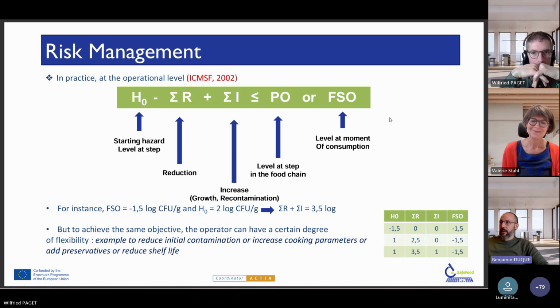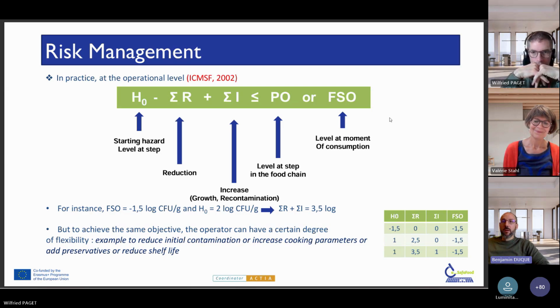For instance, if the FSO is equal to minus 1.5 log CFU per gram and H0 equal to 2 log CFU per gram, the sum of reduction and increase should be equal to 3.5 log. Just keep in mind that to achieve the same objective, or the same FSO, several options are possible to control the process.